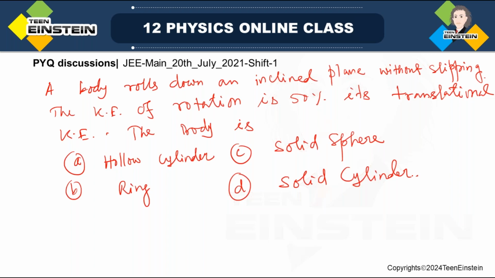Okay, let us read the question once again. A body rolls down an inclined plane without slipping. The kinetic energy of rotation is 50% of its translational kinetic energy. The body is what? Okay, see, what is rotational kinetic energy? Let me change the ink here.